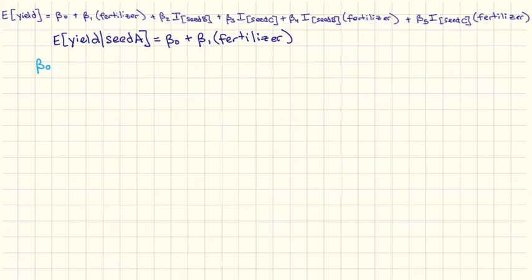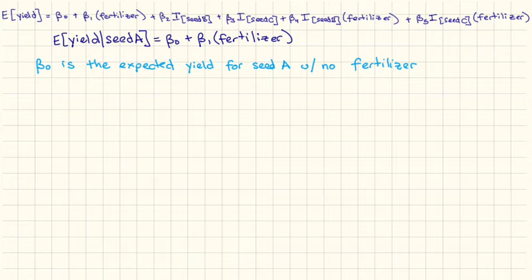If I was going to go interpreting these coefficients, I'm just going to go through quickly what they mean. Beta naught now is the intercept only for seed A. So it's the expected yield for seed A when you have 0 fertilizer. That's how we're going to get the beta naught by itself. To get beta 1 by itself, we need to make all the other things go to 0, and then we still just have to have 1 seed type, right?